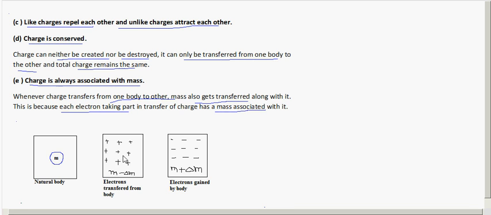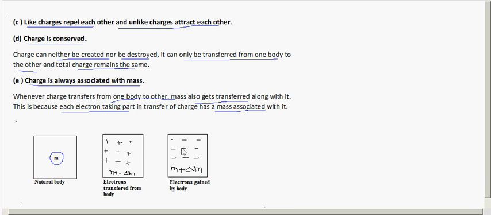Similarly, like charges repel and unlike charges attract. The next one is that charge is conserved. The meaning is that charge can neither be created nor destroyed. It can only be transferred from one body to another, so that the total charge in the system remains the same.